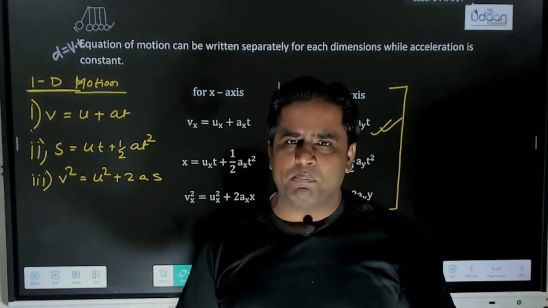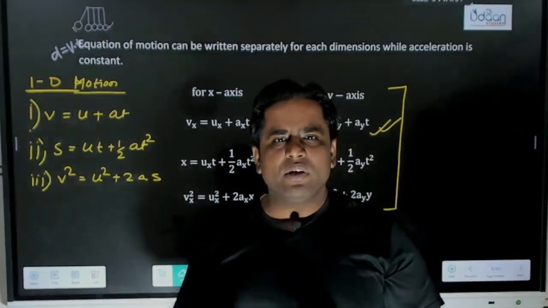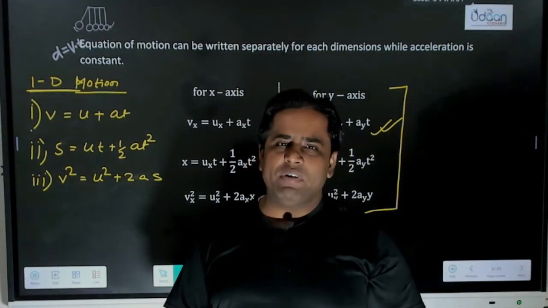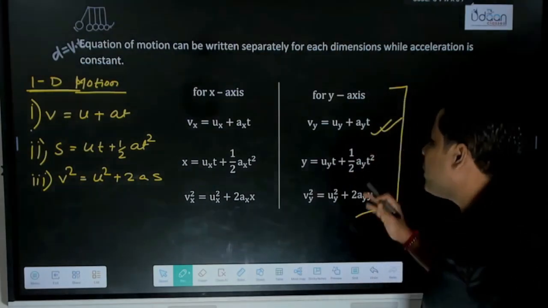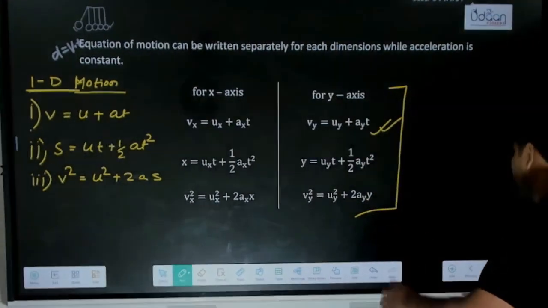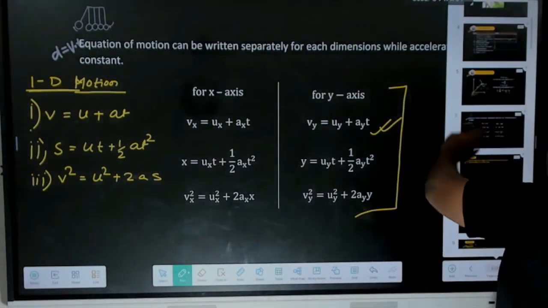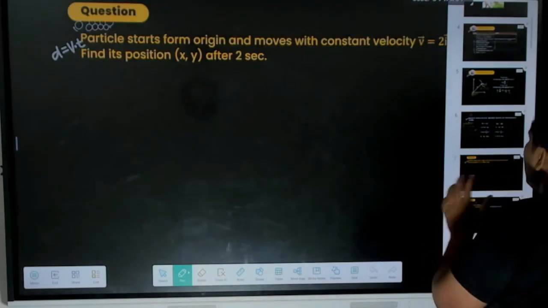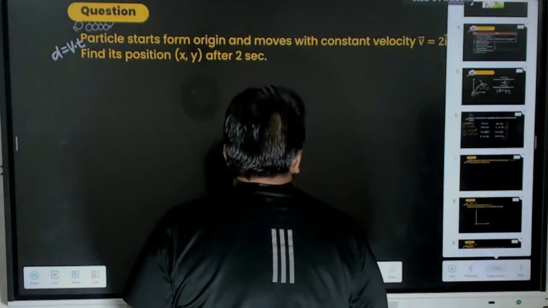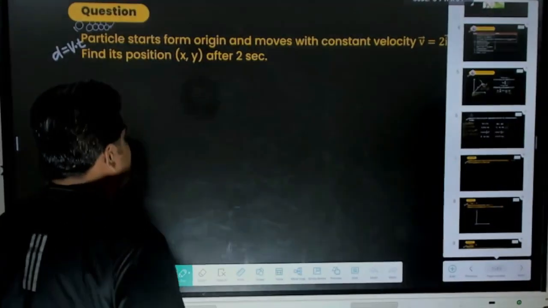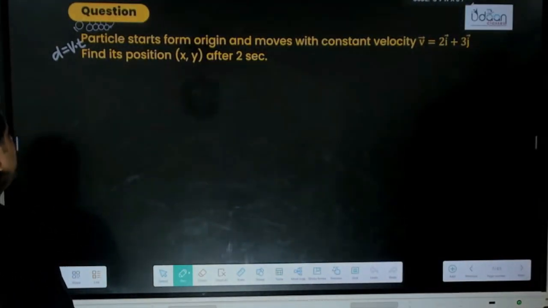It is so simple. There is no complex thing to worry about. If this much is clear to all of you, let us move to the next part, which is coming up with one of the numericals. So let us start with the numerical part.